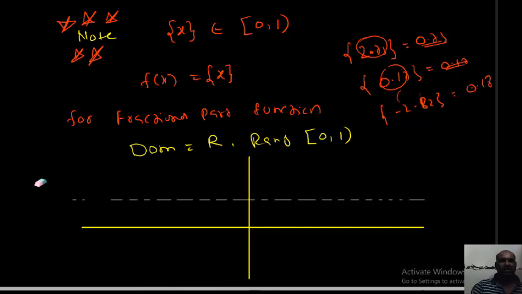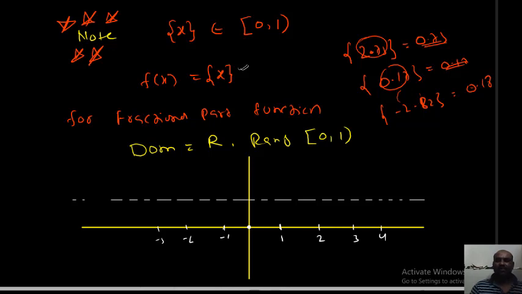Now I want to draw the graph of this function: f of x equals the fractional part of x. I can take x as any real number. Here 1, 2, 3, 4, here minus 1, minus 2, minus 3, and 0 here.